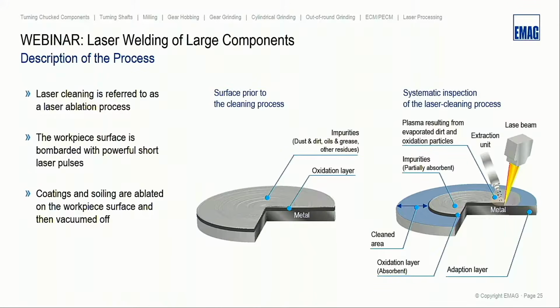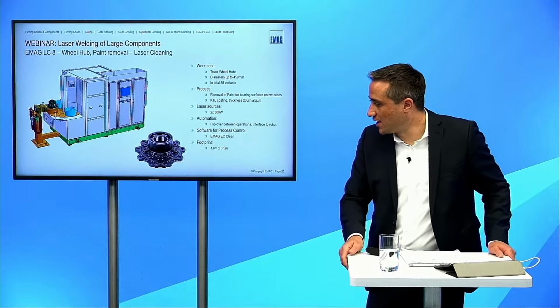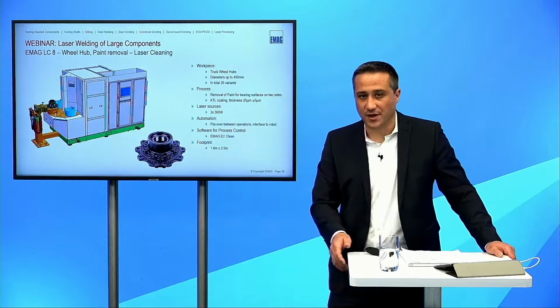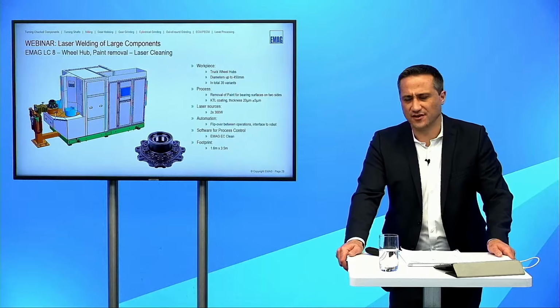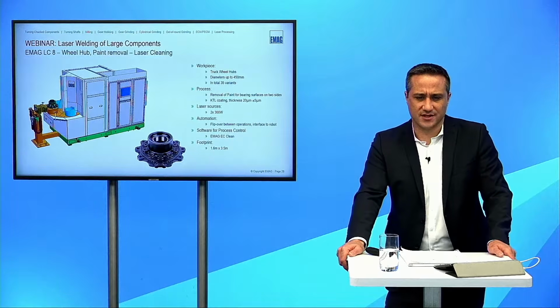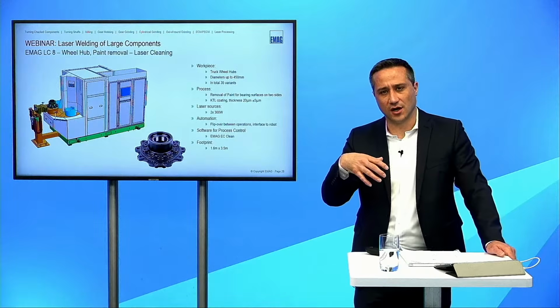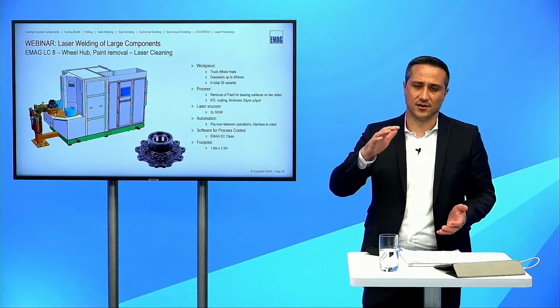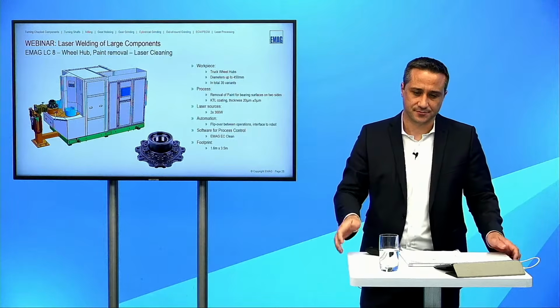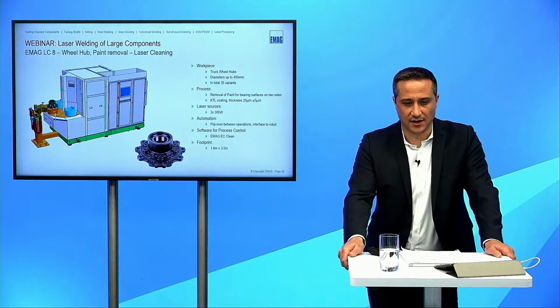Or in today's special case, we do have a very nice wheel hub, and this wheel hub has a black color painted surface. In German it's so-called a KTL surface. And this surface has to be removed in a defined area in which later on a bearing will be pressed. And therefore it was requested to EMAG to remove this color in this defined area.